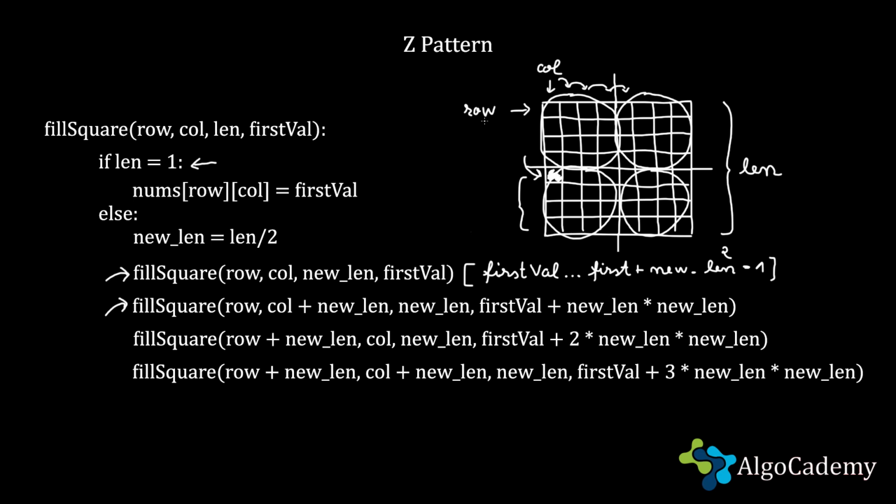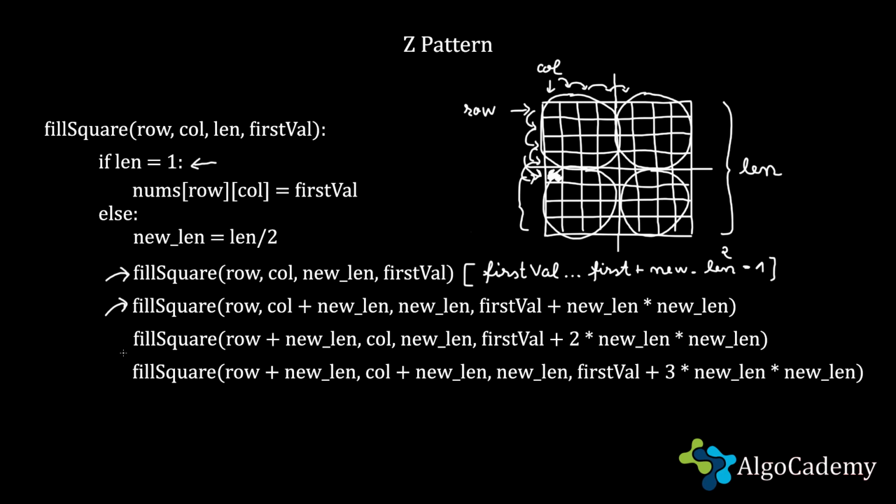The row, just like we have done for the column for the previous quadrant, is going to be increased by 4 in this scenario, which is of course new len, right? So again, in order to get to the first row that's not in the first quadrant, I have to jump new len times.